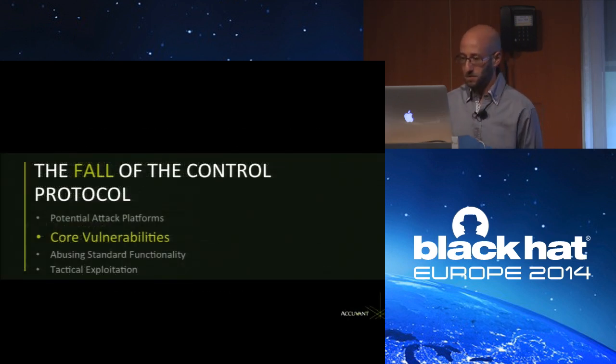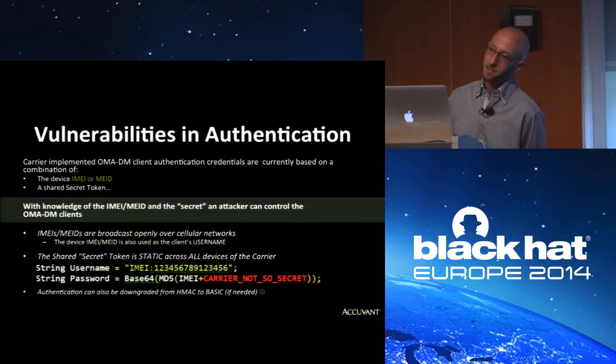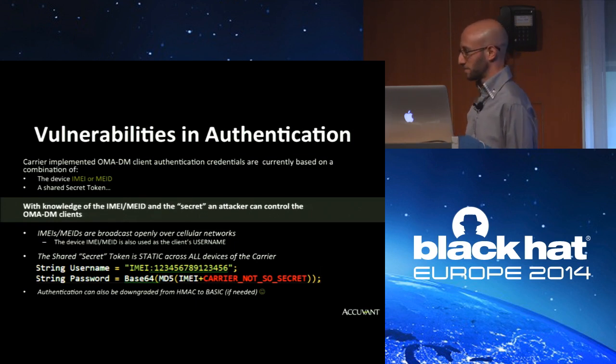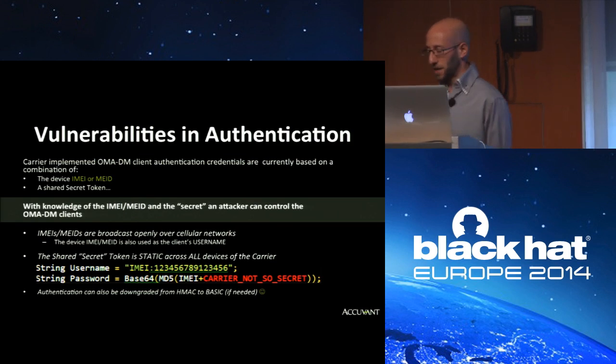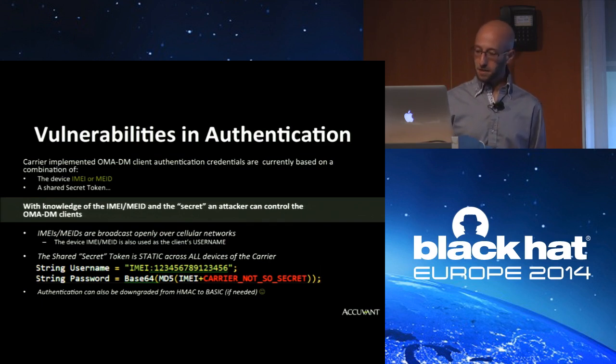Okay, going to talk about some of the vulnerabilities. So let's talk about authentication again. Originally, we said that the OMA-DM client uses credentials based on a combination of two things: a client ID and a shared secret token. In just about every implementation I have looked at, the client ID is your IMEI or MEID, and the shared secret token is static across all devices of a single carrier.